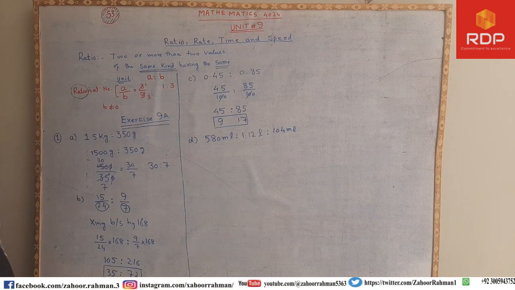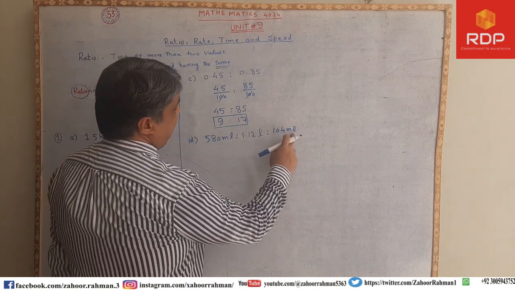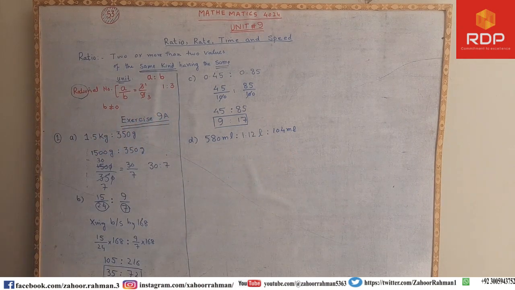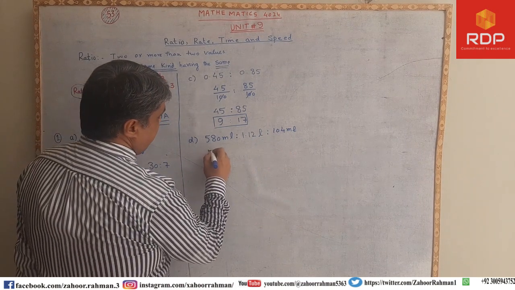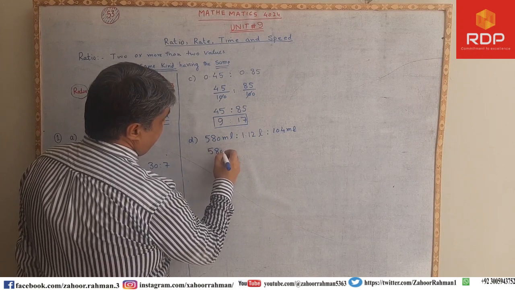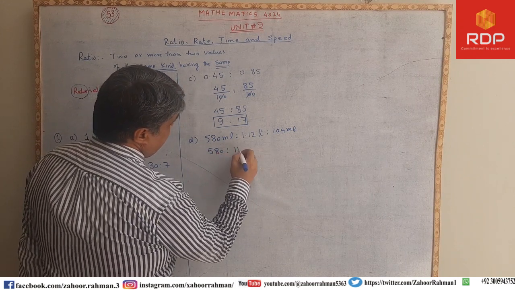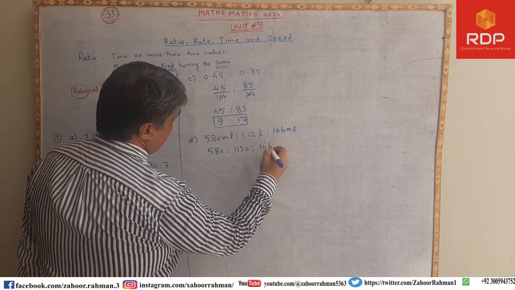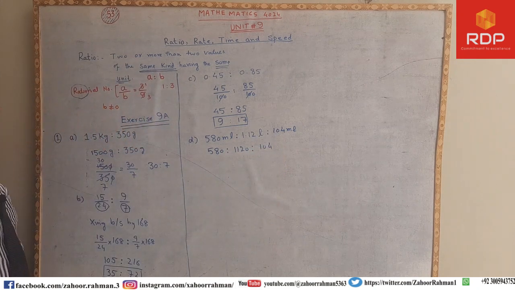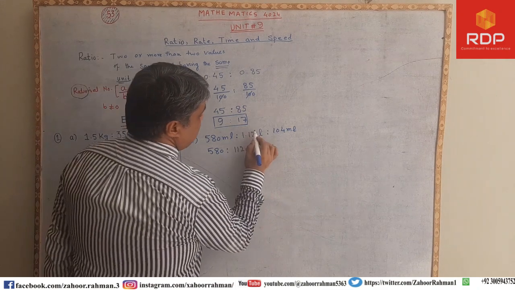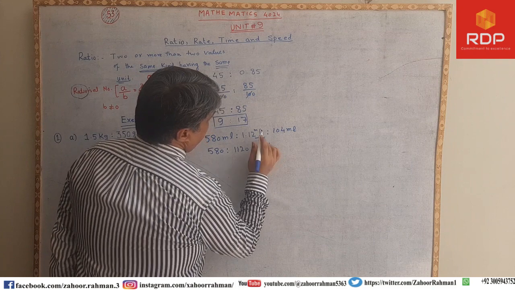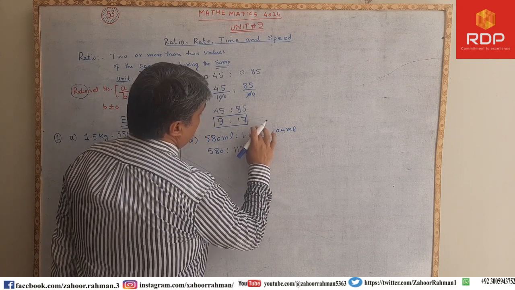So two of them are in milliliter and one is in liter. So we have to write the ratio 580 : 1120 : 10^4, because to introduce milli here we have to multiply by what?